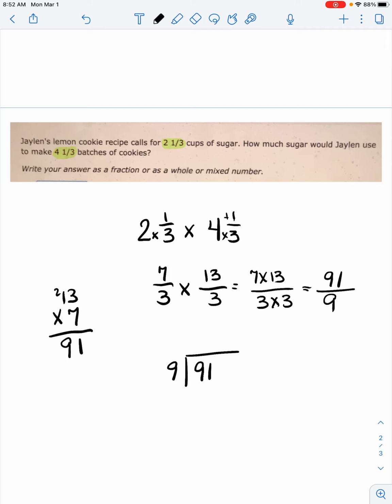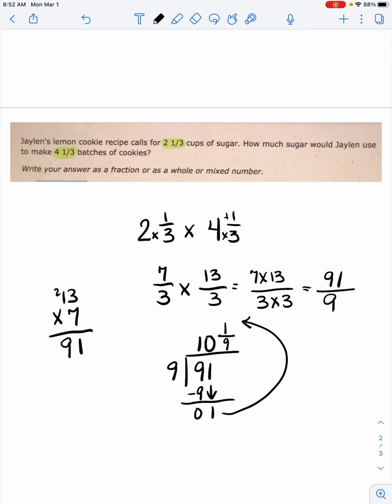And that would be 9 goes into 9 one time. And that's 0. Bring the 1 down. 9 does not go into 1, so we get 10. And we have this remainder. So we're going to put it as our numerator.